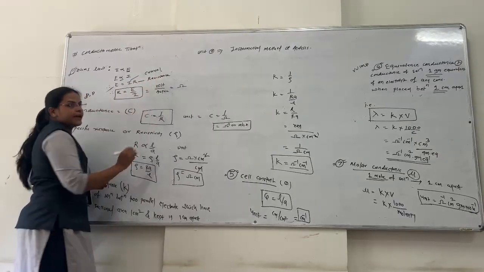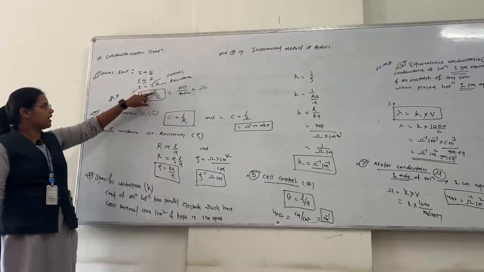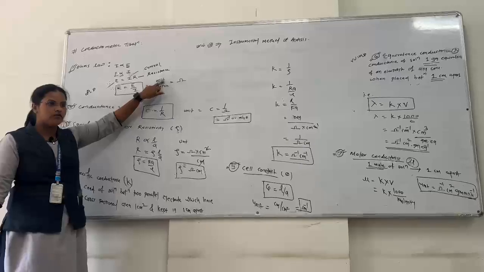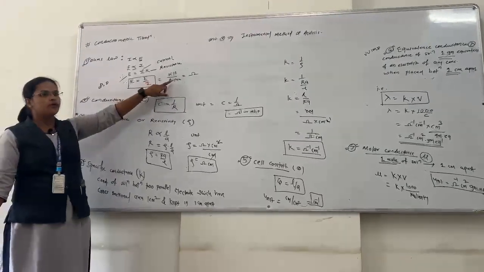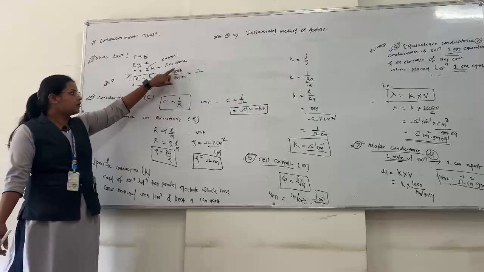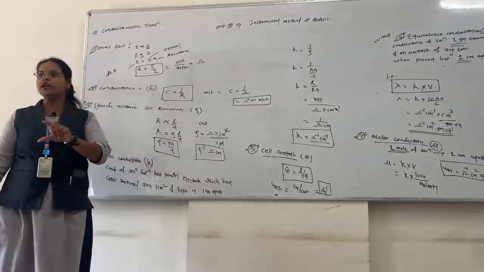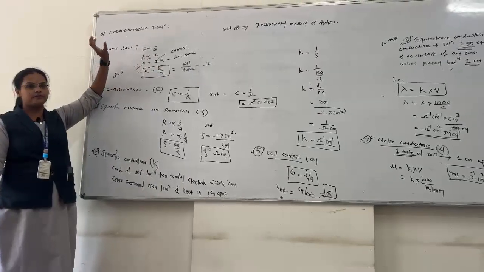So from that I can find the unit of resistance. R is equal to E upon I. E is measured in volt, potential difference having the unit volt, current having the unit ampere, and volt per ampere is nothing but ohm. So ohm is the unit for resistance. That is the first part, the Ohm's law.